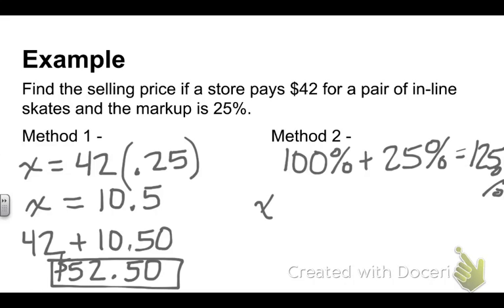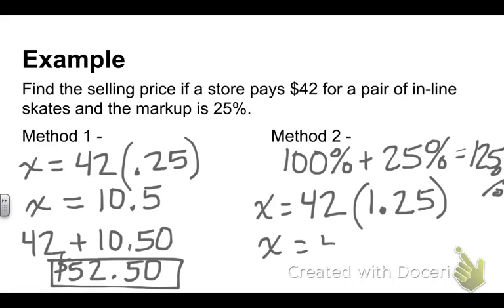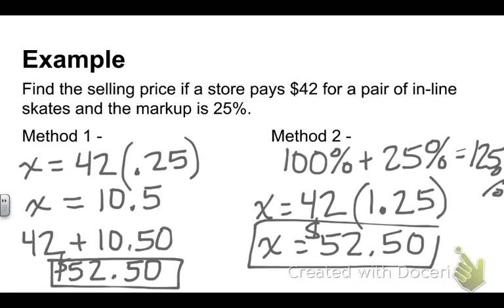If we take our $42 and multiply it by 125%, changed to a decimal, 1.25, because it was our 100%, our whole, plus that 25%, we get 52.5. That means $52.50 is the selling price. Two different ways to solve a problem. It is a personal preference which one you like.